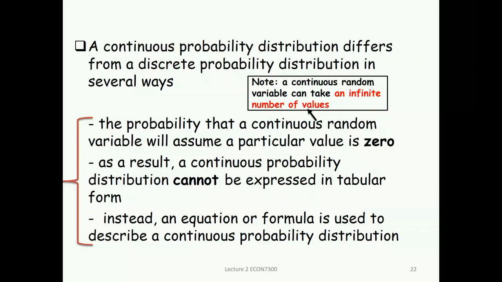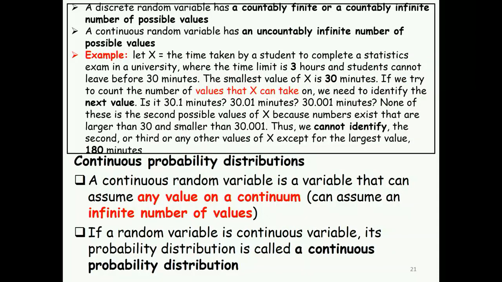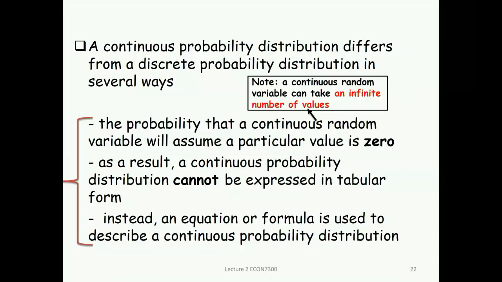If you go to the last tables in our textbook, for any binomial or Poisson question, you could find the answer easily from the table. But here it would be difficult, because the probability that the person would leave at 30.001 is almost 0. So we cannot express it in a table. Instead, we can use equations.